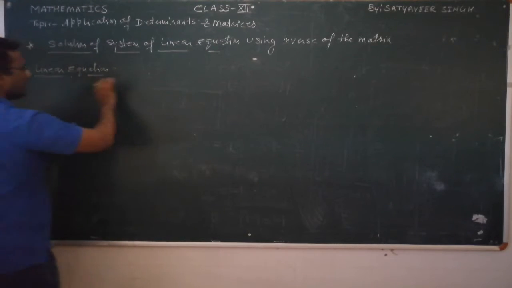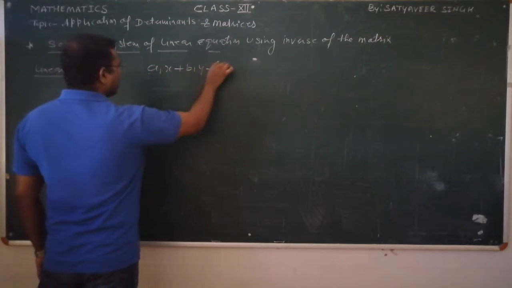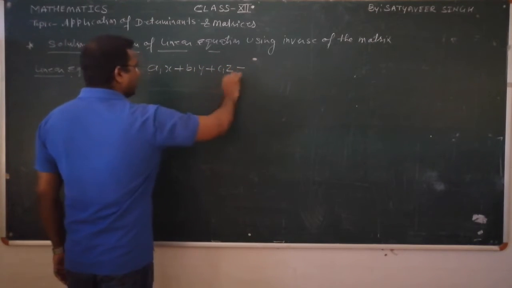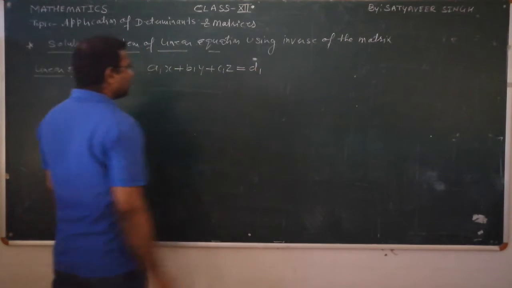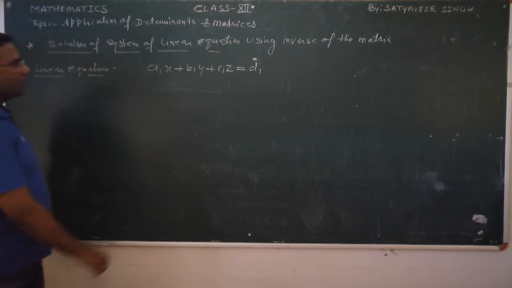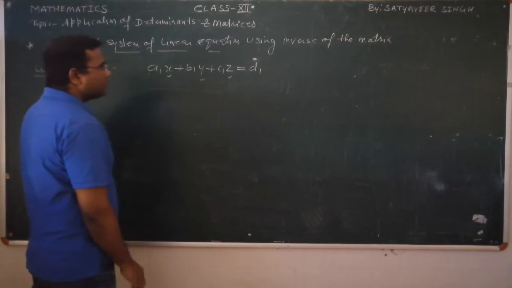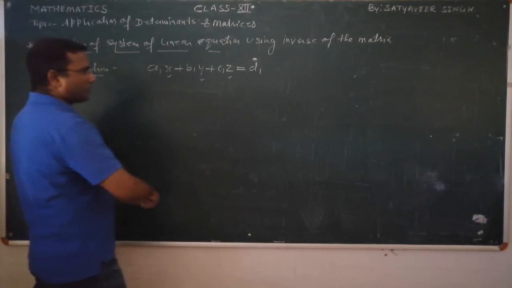If an equation is written like a1x plus b1y plus c1z is equal to d1, this kind of equation is called a linear equation in 3 variables. It can be 2 variables also.